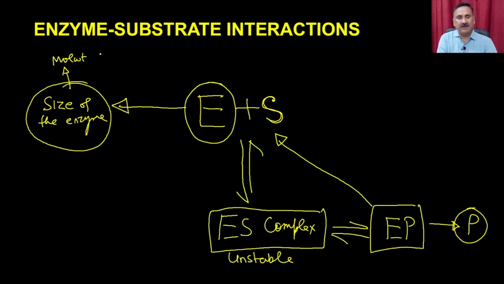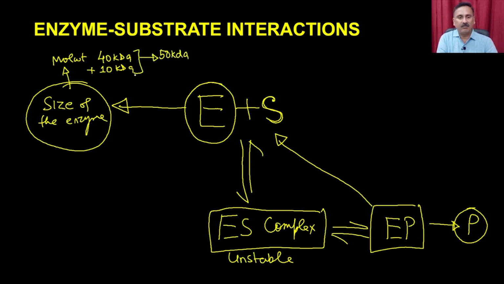For example, if an enzyme is 40 kDa and it is interacting with another proteinaceous substrate of 10 kDa, then when it forms the enzyme substrate complex, together it is going to be 50 kDa.